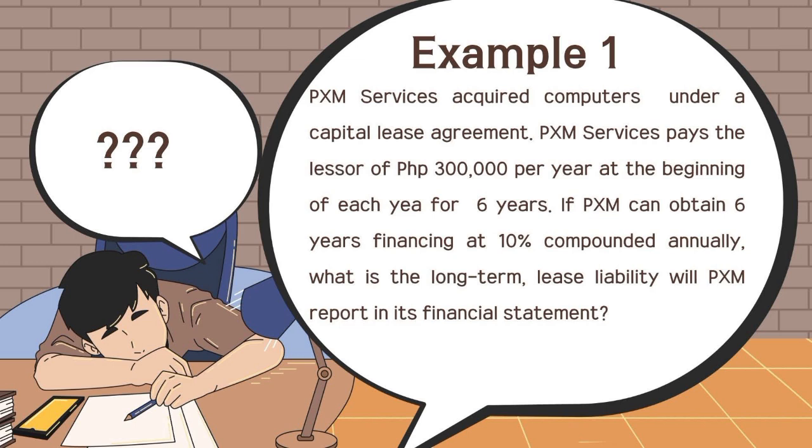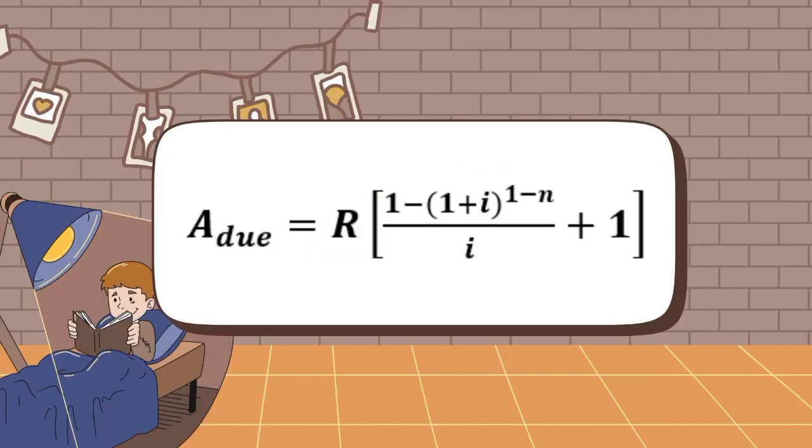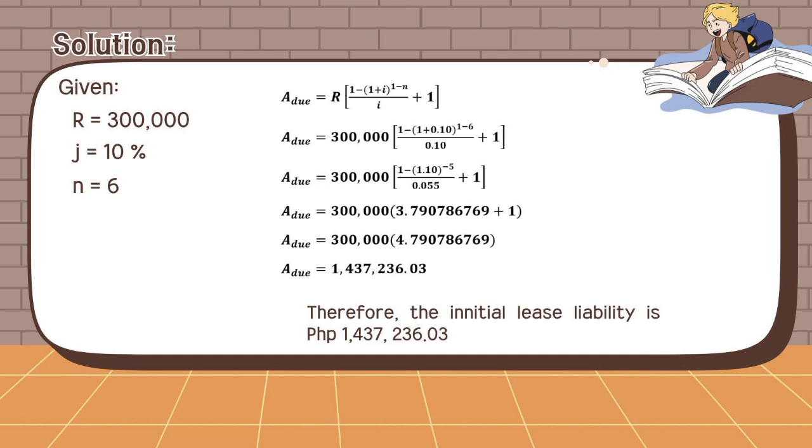Now, if PXM can obtain 6 years financing at 10% compounded annually, what long-term lease liability will PXM report in its financial statement? Since we are looking for the value today, we will use this formula. We have A due is equal to R multiplied by 1 minus 1 plus i raised to 1 minus n over i, plus 1.